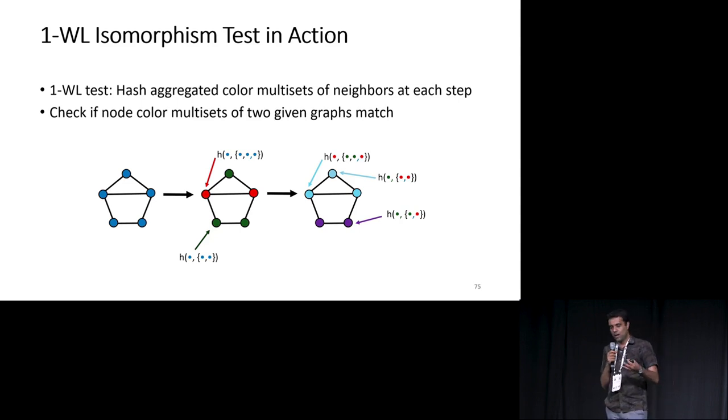And if you do not ever detect non-isomorphism, then you pretty much call them isomorphic, right? So it's not too hard to see that if it's determined to be non-isomorphic, it actually is non-isomorphic, but there can be false positives.